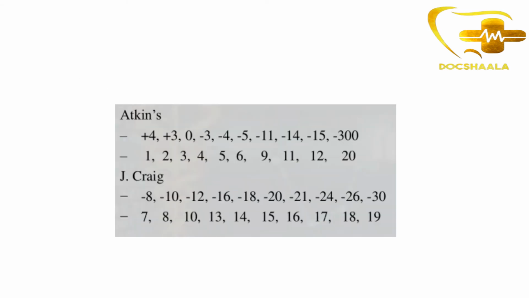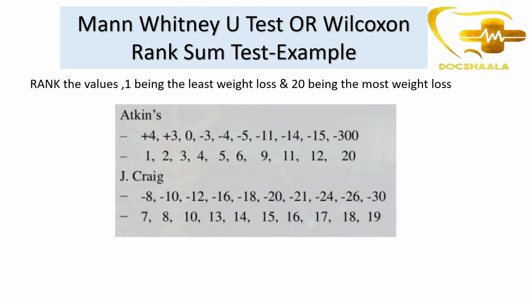After that, we'll assign a rank for each of the weights, starting with 1 being the least weight loss, 20 being the most weight loss. The most weight loss from the values which we have seen is minus 300.